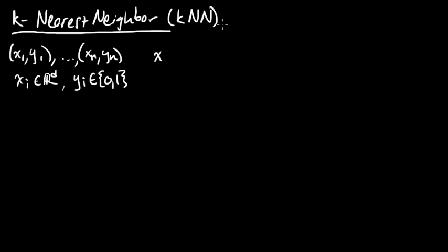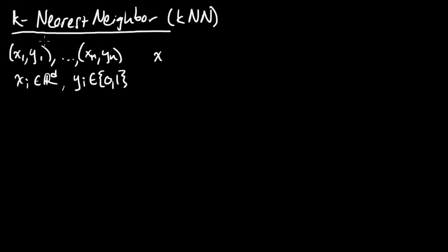So let me tell you the main idea, the big picture. What the k-nearest neighbor algorithm does is it takes this new point and classifies it according to a majority vote of the k-nearest points in the data set.